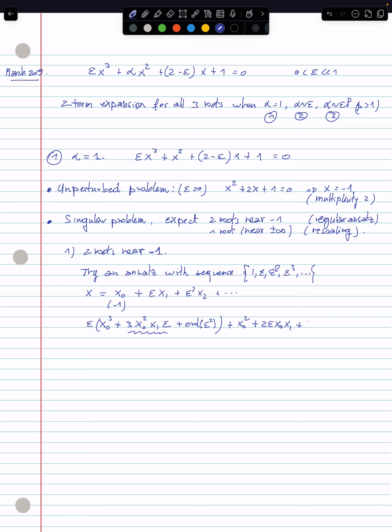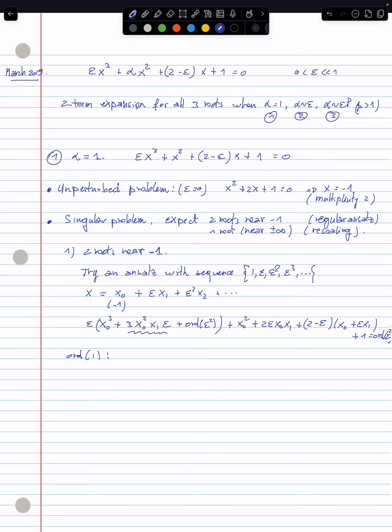2 minus epsilon multiplied by x0 plus epsilon x1, plus 1, and this is equal to something of order epsilon squared as I dropped it. All right, so we can now collect the terms having similar powers.